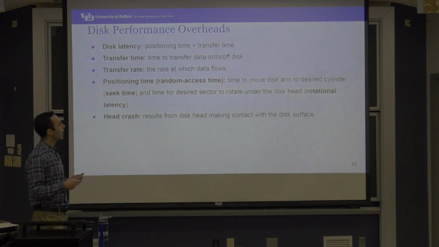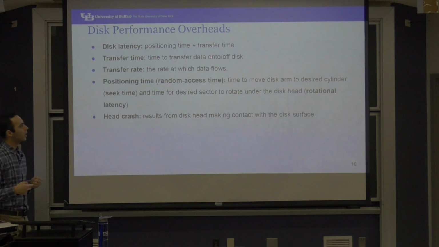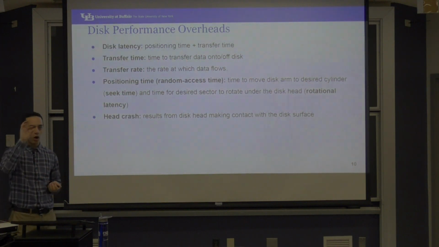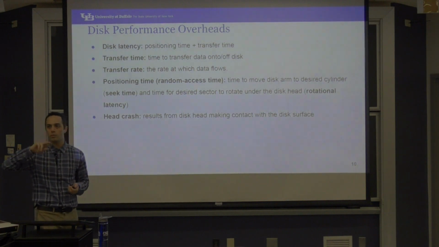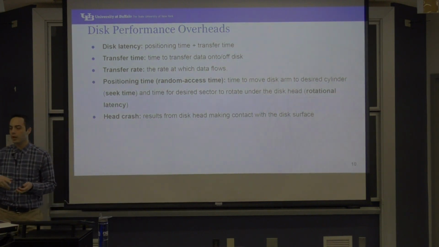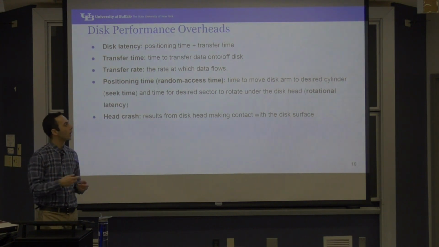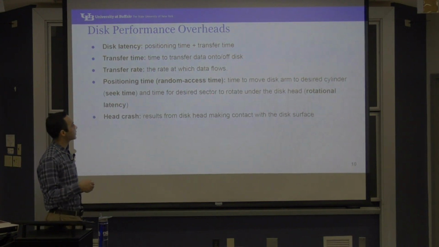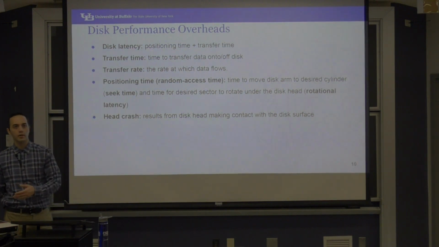Now, the transfer time is the time to transfer data onto and off the disk. The arm head on the platter takes some time to read or rewrite a byte. And the transfer rate is the rate at which the data flows from the hard disk to the operating system.